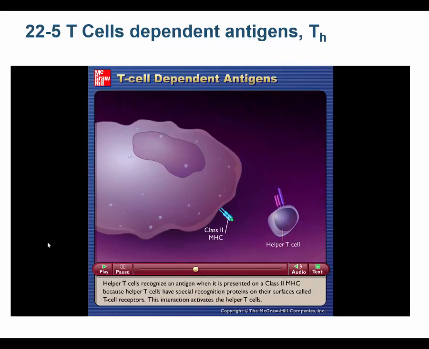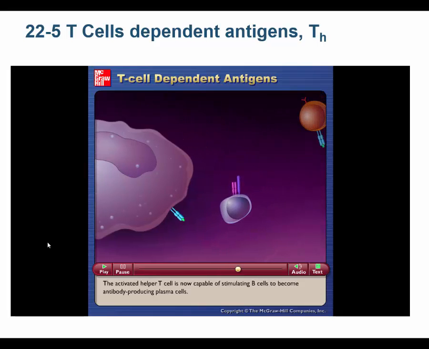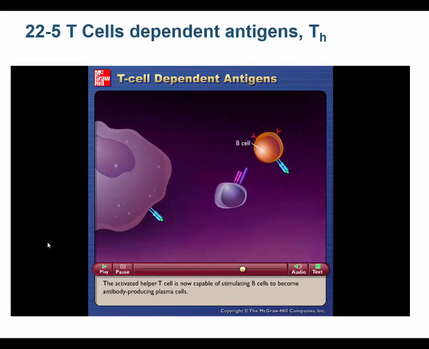Helper T cells recognize an antigen when it is presented on a class 2 MHC because helper T cells have special recognition proteins on their surfaces called T cell receptors. This interaction activates the helper T cells. The activated helper T cell is now capable of stimulating B cells to become antibody-producing plasma cells.